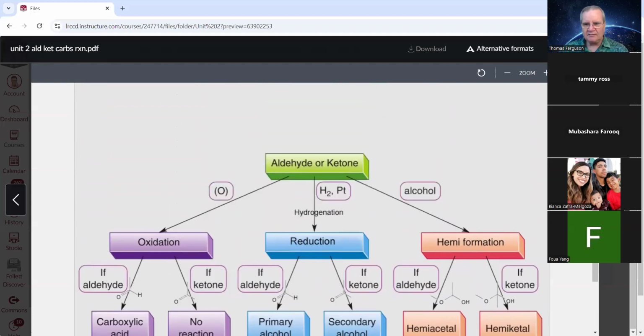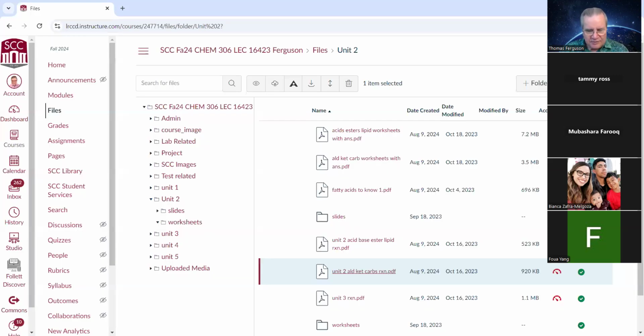So this is handy, this version, but I should have, let me do this here. This is a hard drive in my laptop.